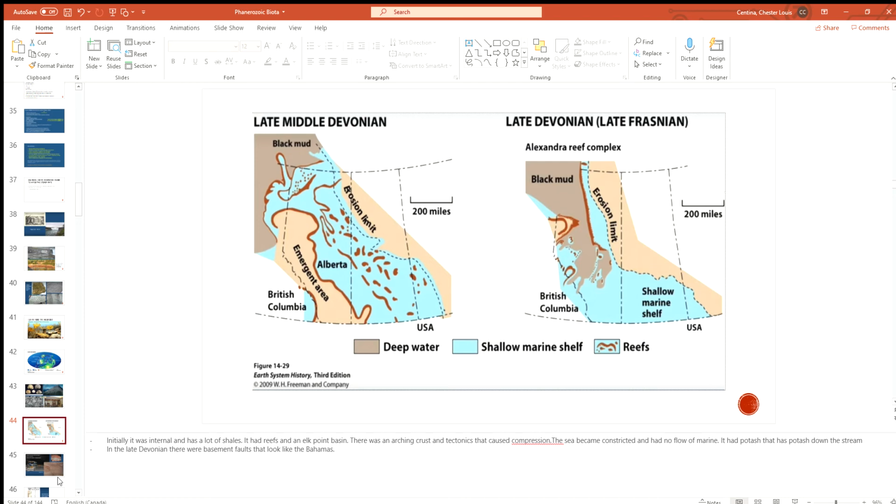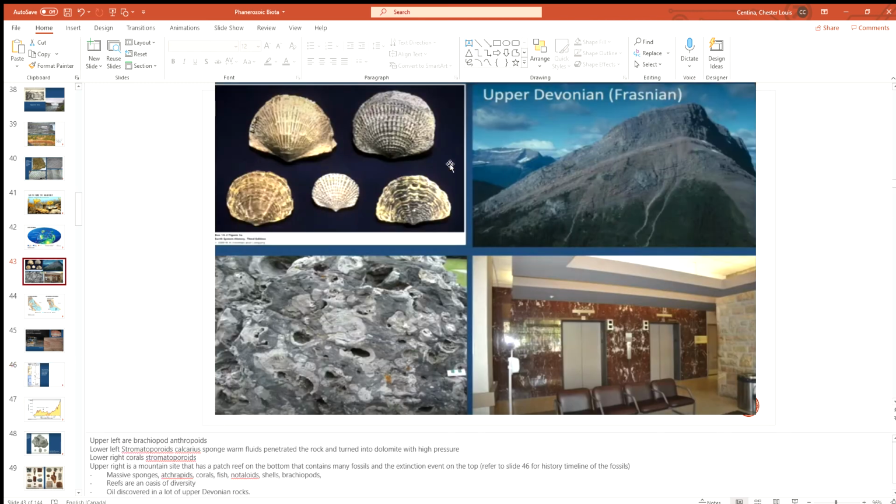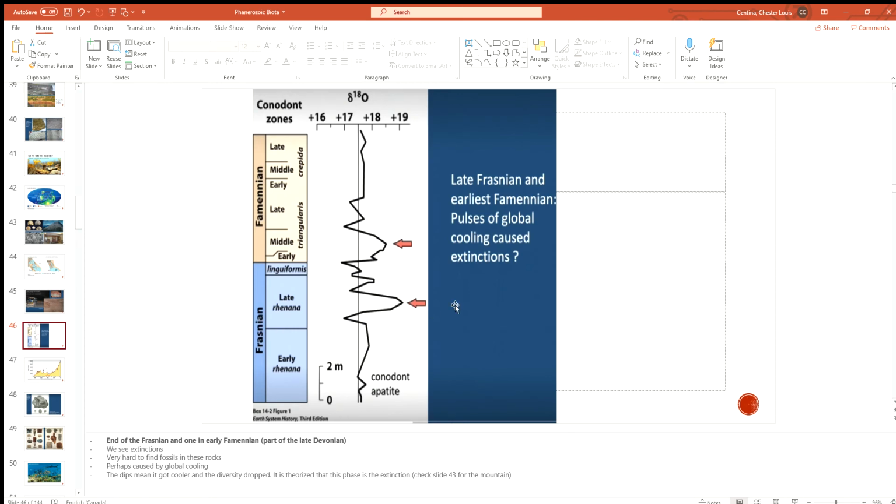So on page 46, this is what it looks like. The timeline. You can just tie it into this mountain right here. So hold on, sorry. In this interpretation, we see at the end of the Ordovician and one in the early Silurian, there are extinctions.